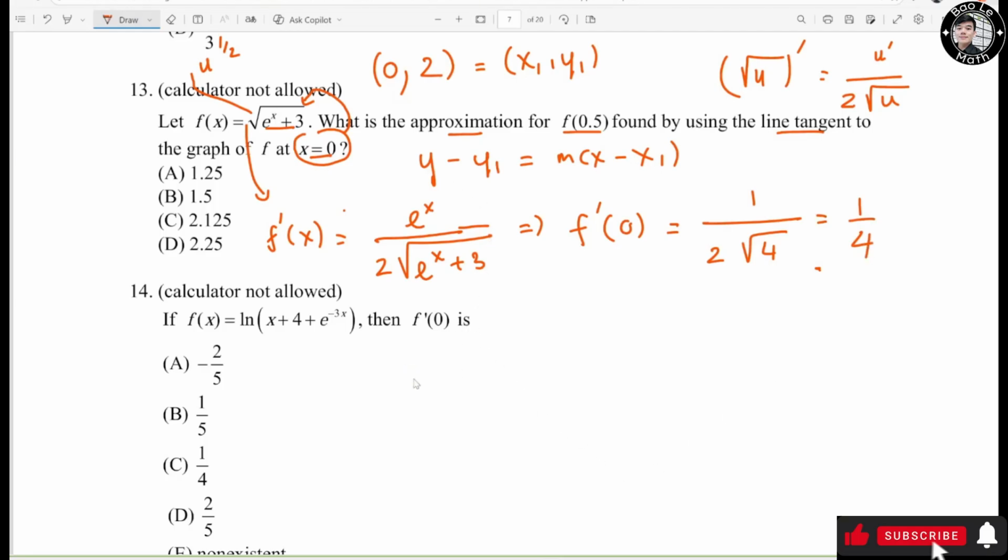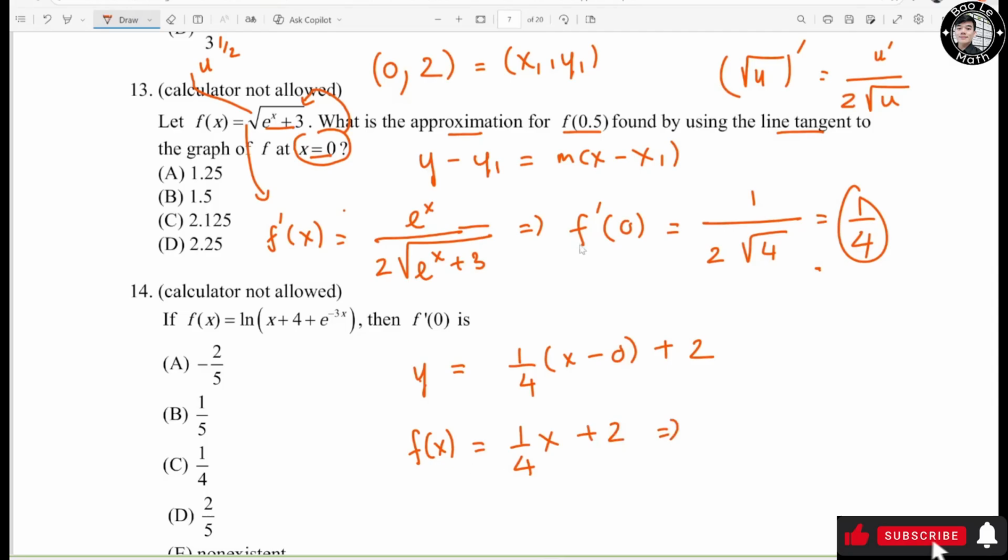So I have y equals the slope 1 over 4 times s minus s1, which is 0, plus y1 added to both sides, which is 2. So I replace y with f of s: f of s equals 1 over 4 s plus 2.